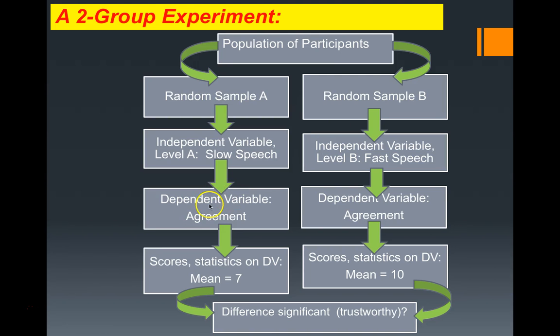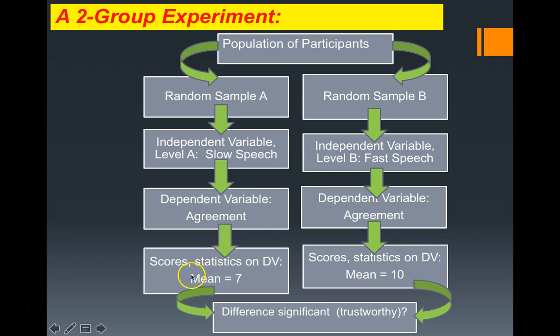One question is, to what extent do you agree with the speaker that there should be a senior comprehensive exam required for graduation at this college? The participants in both conditions get the same measure. Let's say it's a 15-point scale, where 1 is completely disagree, 15 is completely agree.